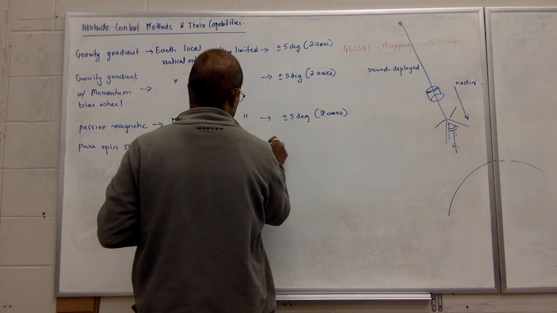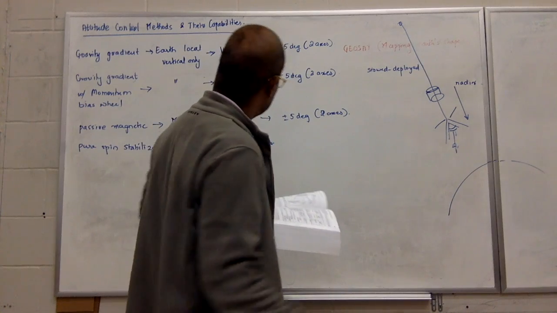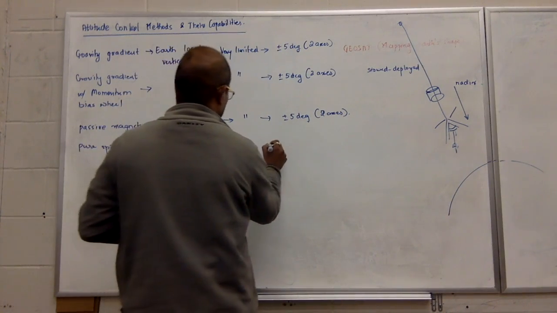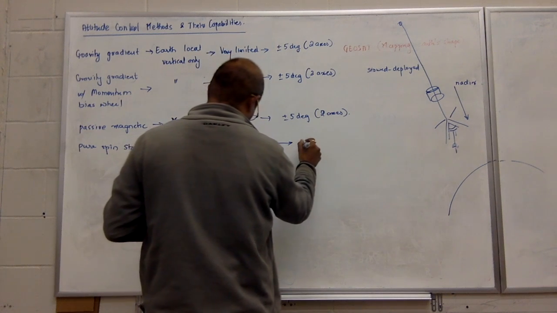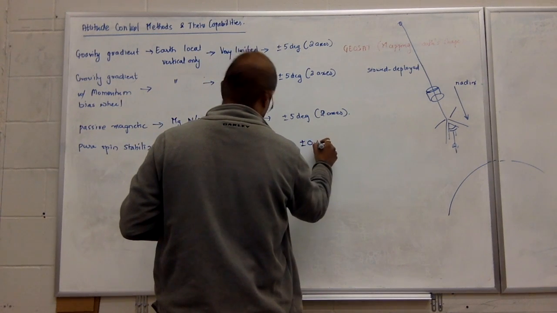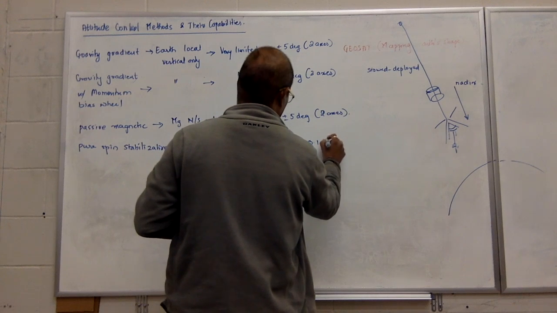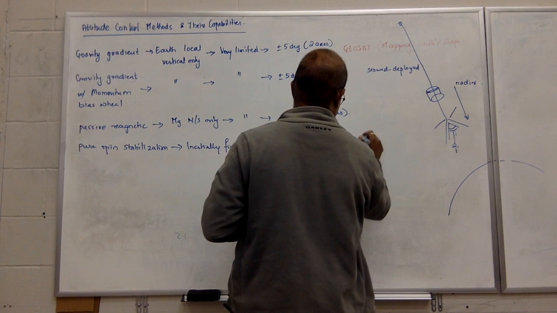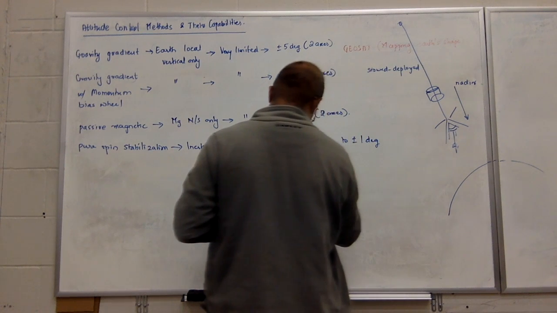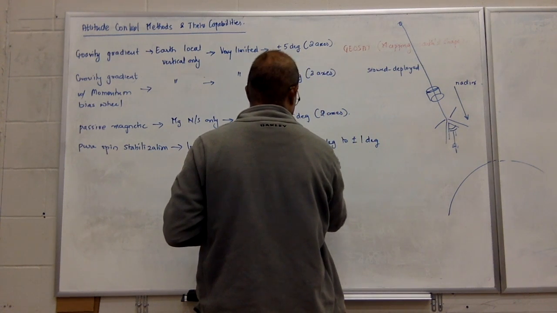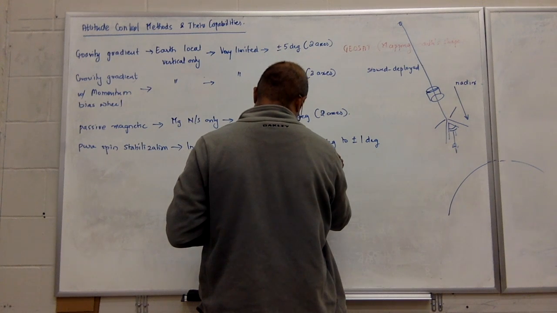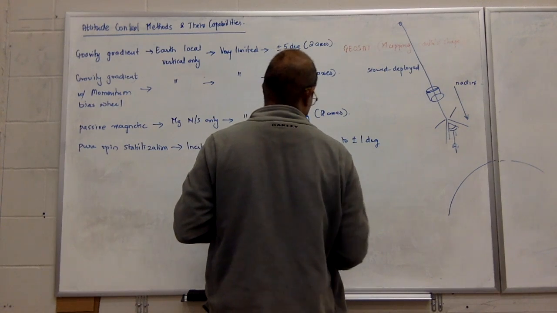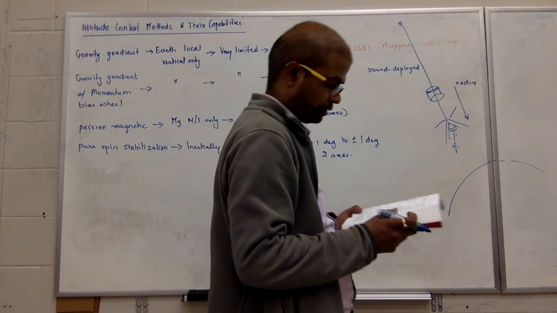Let me talk about this a little bit. But the accuracy you're going to get is really nice. You get plus or minus 0.1 degree to plus or minus 1 degree in 2 axes.